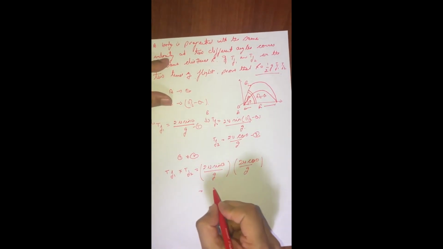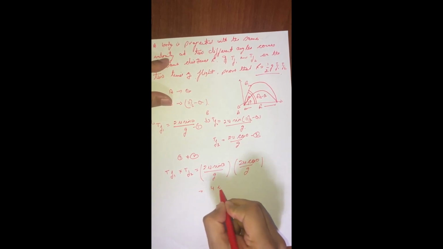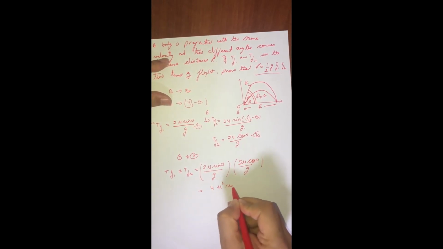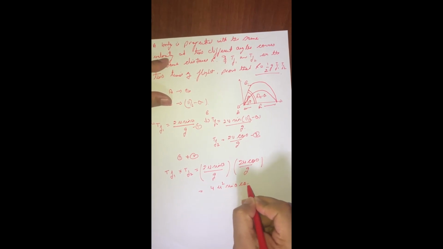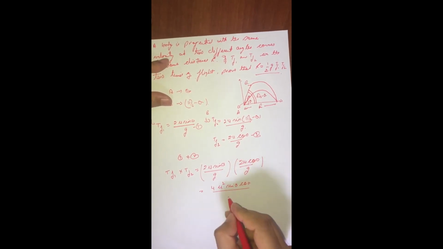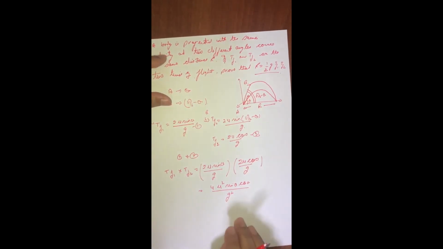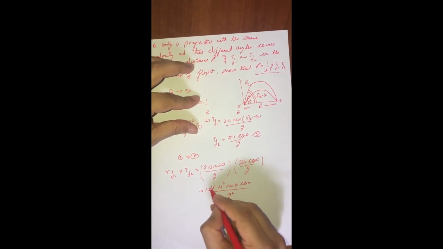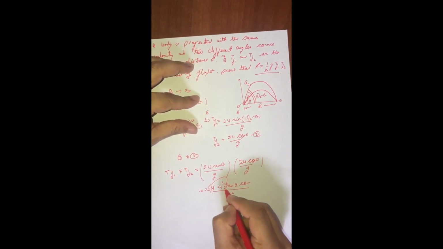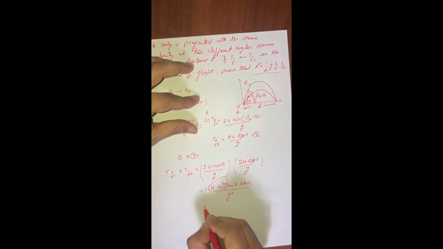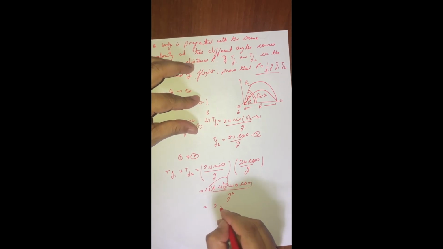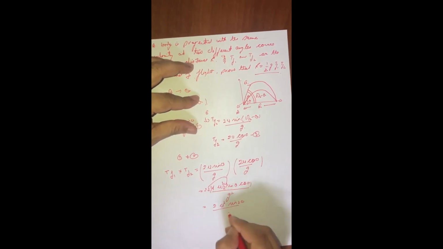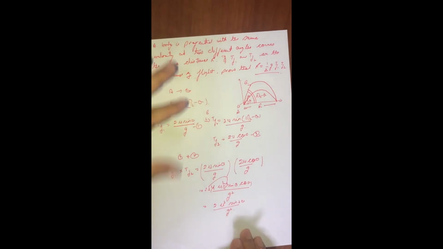So this will be giving us 4u square sine theta cos theta divided by g square, or rather we can leave this as 2 multiplied by 2. So this 2 we are going to fix it here, then this becomes 2 sine theta cos theta. So we can write this as 2u square sine 2 theta divided by g square.